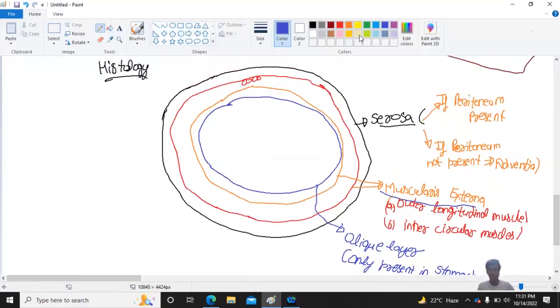After this, there is another layer, which is called submucosa, and then finally mucosa, which is innermost, which contains some gastric folds, which are called rugae.